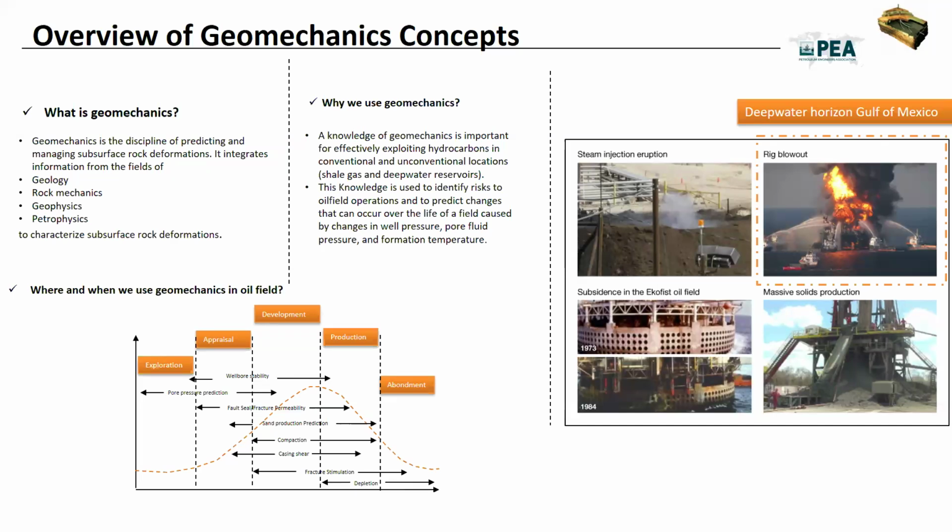It is involved in the development and production phases by estimating the fault and fracture permeability, also in sand production analysis, compaction, to analyze and predict the case and shear, and also to characterize the fracturing stimulation. Finally, even at the end of the life cycle, it is involved by estimating the depletion, and when the depletion occurs, we can use geomechanics to manage this depletion over the end of life of the field.